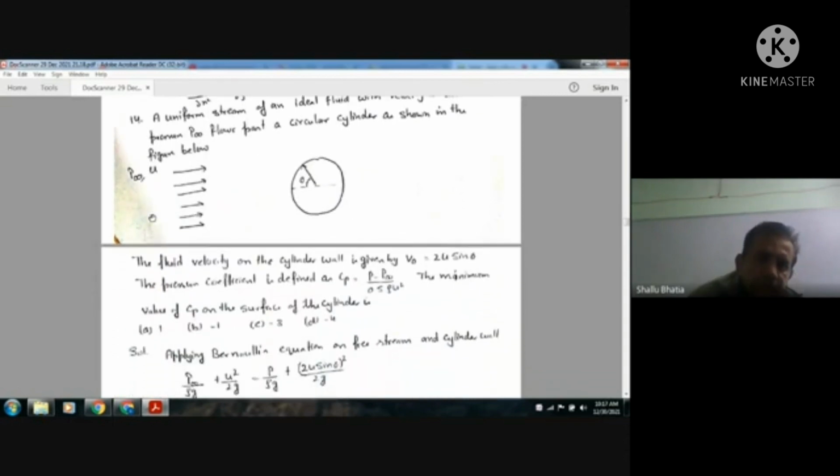Next, a uniform stream of an ideal fluid with velocity u and pressure p infinity flows past a circular cylinder as shown in the figure below. P infinity and u are the pressure and velocity at infinity.